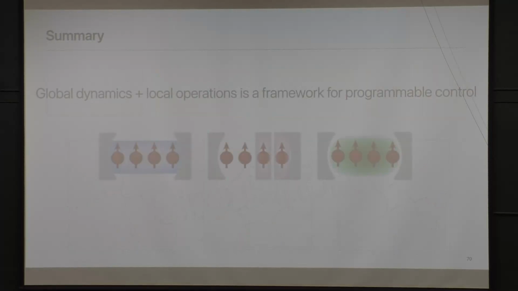And yeah, so with that, let me just wrap up the sort of global dynamics and local operations. It's a powerful framework, I think, for quantum many-body physics. And we think this is a time-efficient way that extends to discrete qubits and not just these ensemble systems.